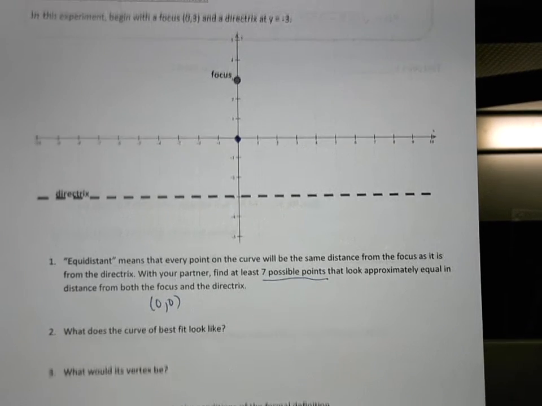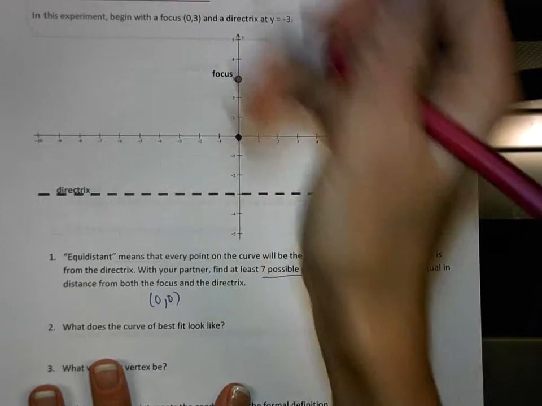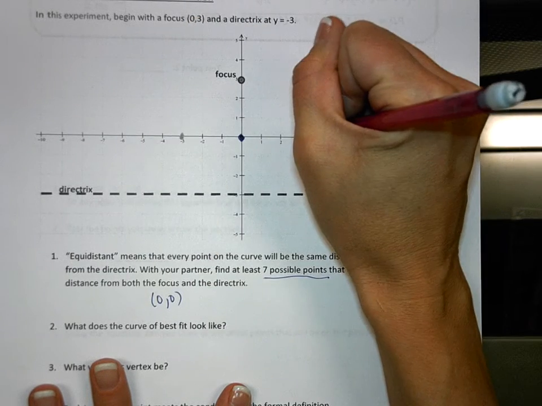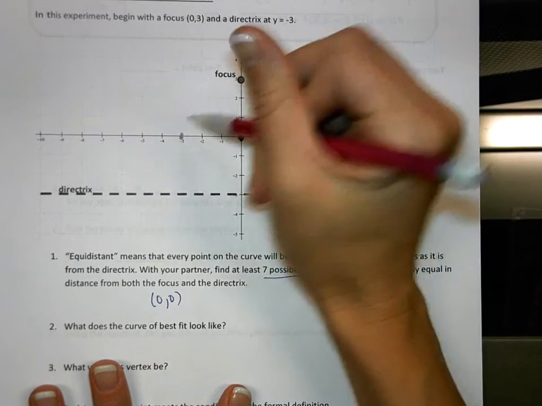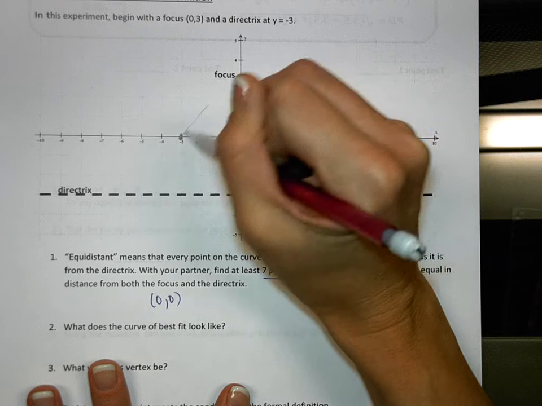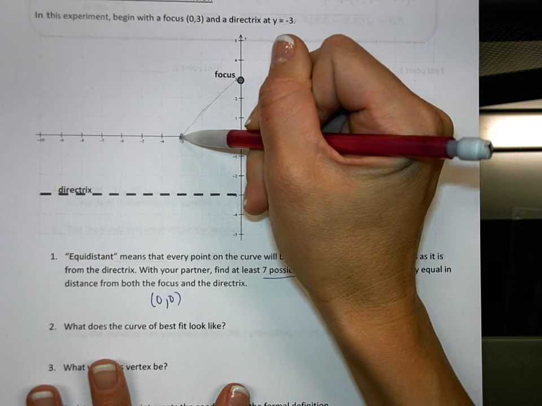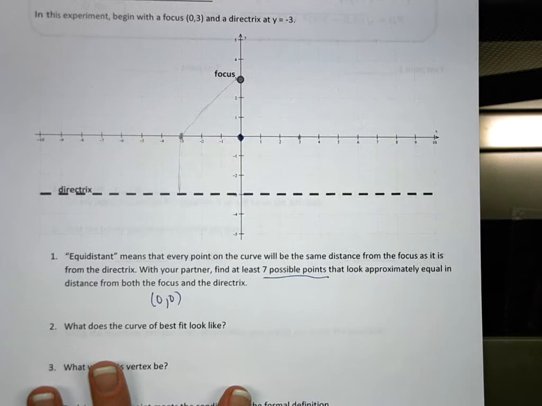Okay, so let's look at this. So we're saying (-3, 0) and (3, 0). So if we were to draw a line from this point to this point, and then from here down to here, does that look like the same distance?